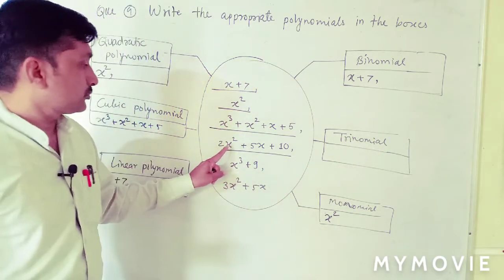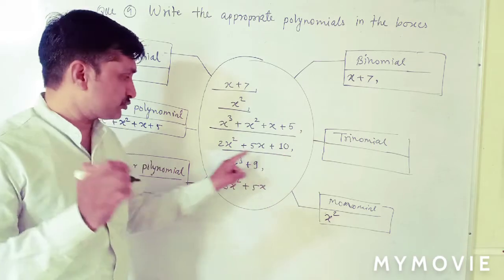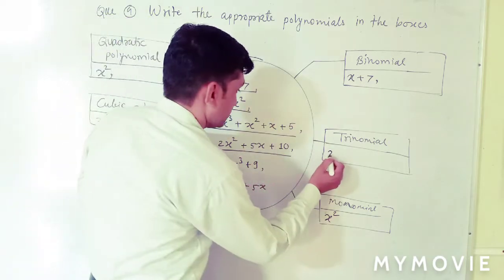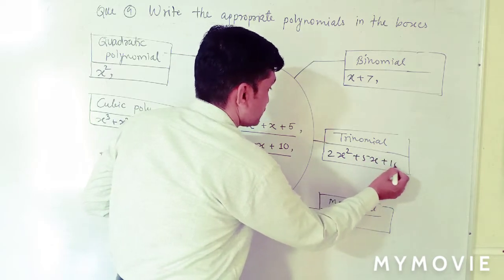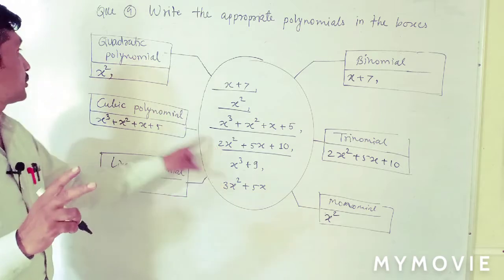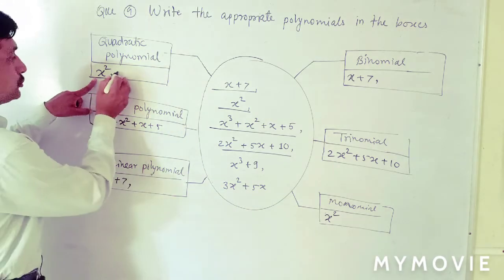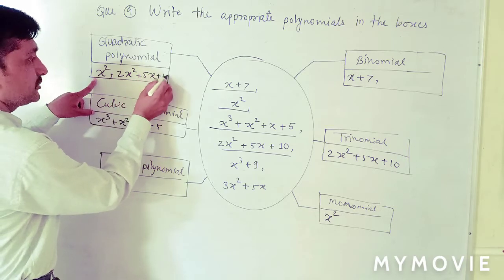Next, 2x square plus 5x plus 10. How many terms? 3. 3 terms means trinomial. It will come here. What is the degree? 2. Degree 2 means quadratic. Quadratic, here it will come. 2x square plus 5x plus 10.